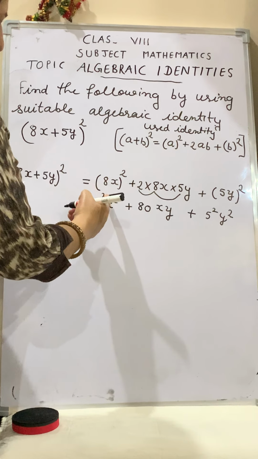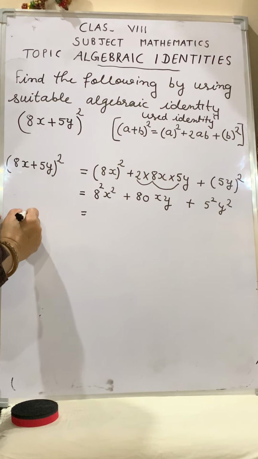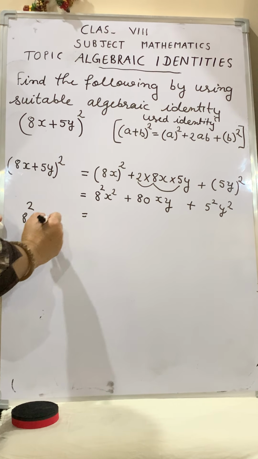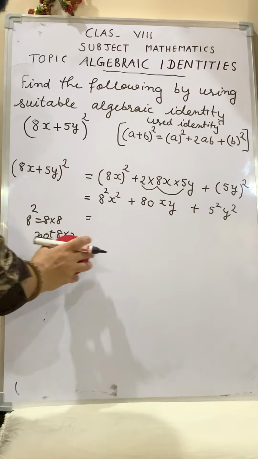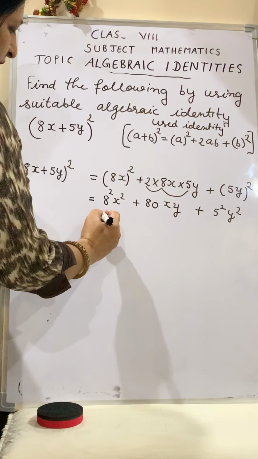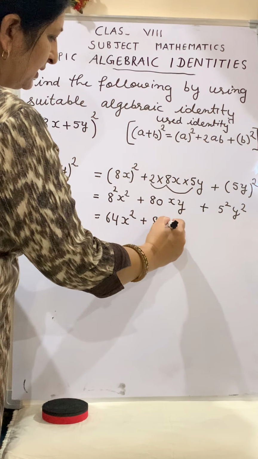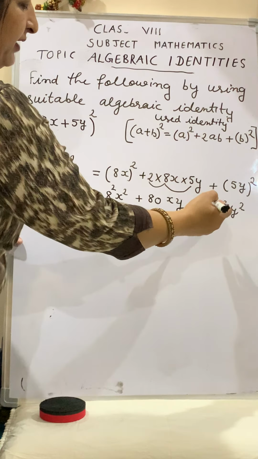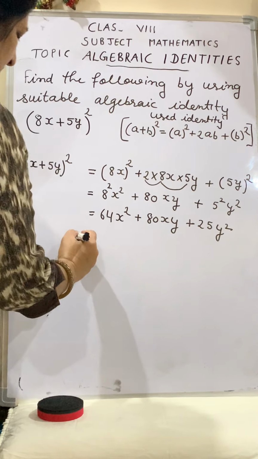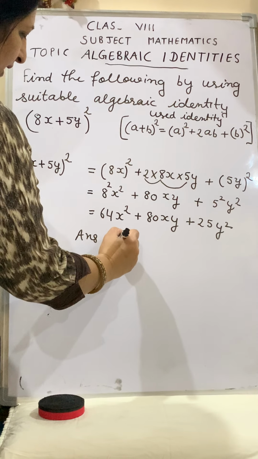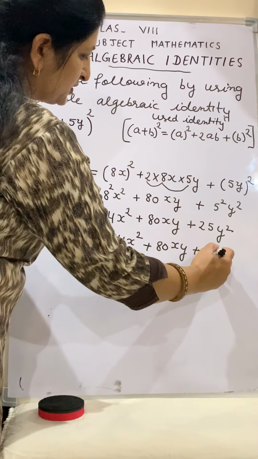Now 8 square is 8 multiplied by 8, not 8 multiplied by 2. 8 8s are 64 and x raised to power 2, plus 80xy, plus 5 5s are 25, y raised to power 2. It is the answer: 64x² + 80xy + 25y².